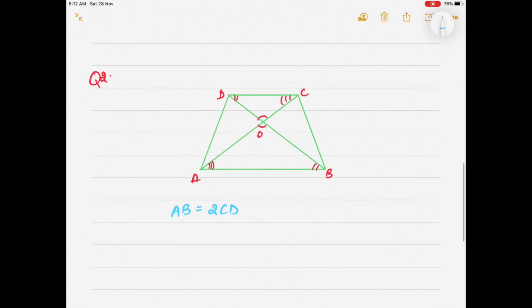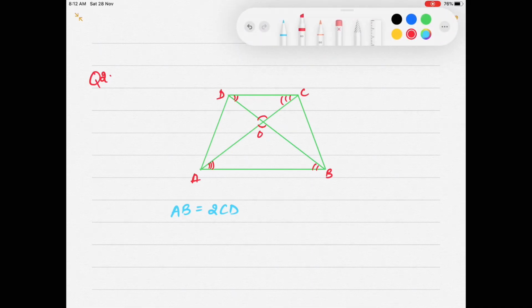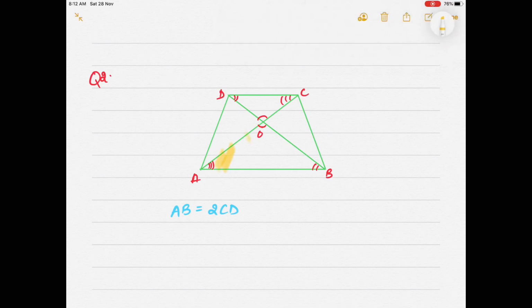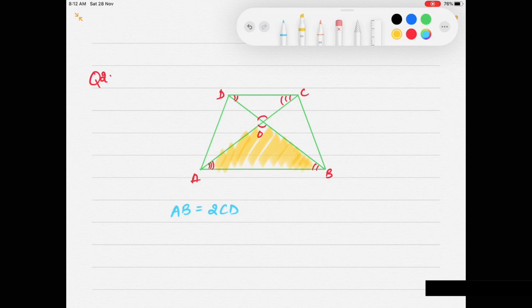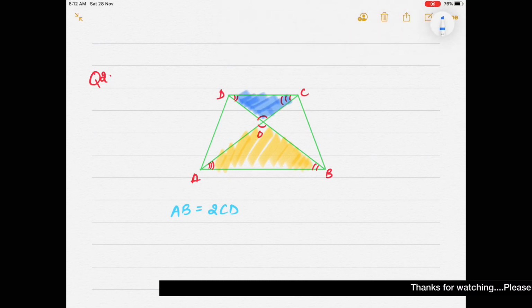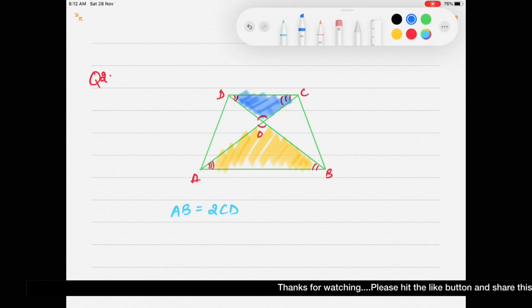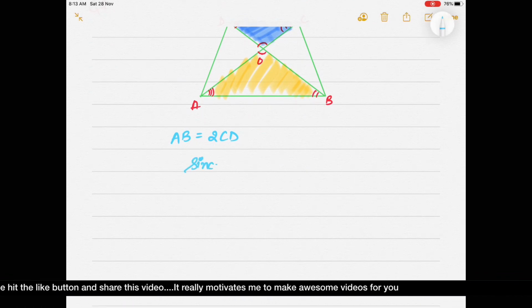Find the ratio of the areas of triangle AOB and triangle COD. We have to find the ratio of the areas of these two triangles, this triangle and this triangle.